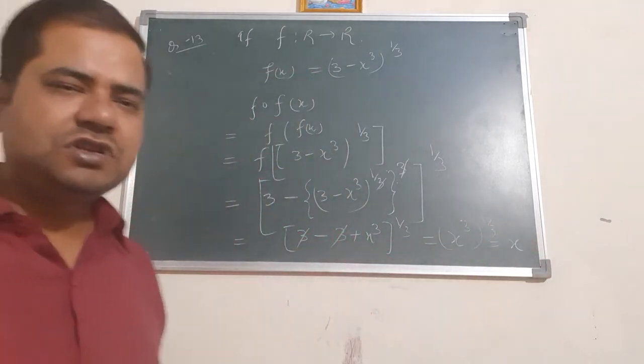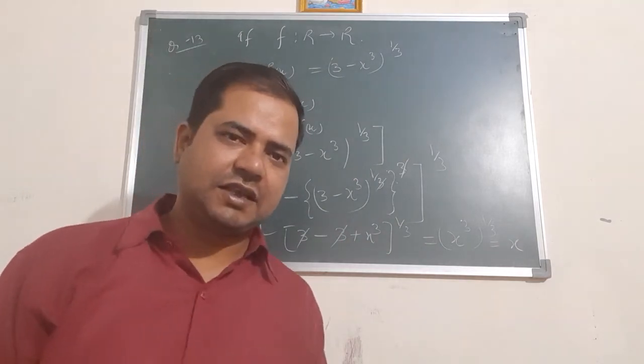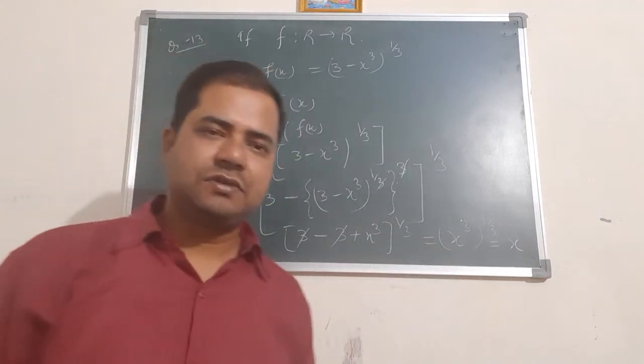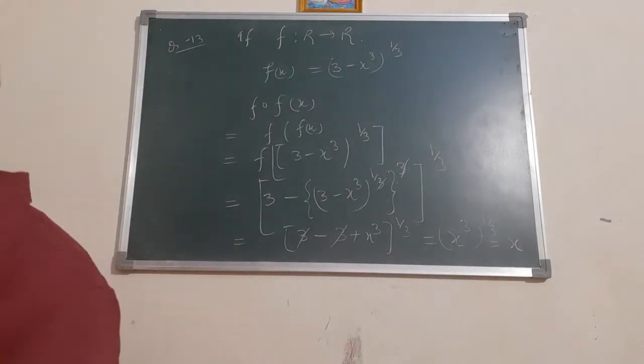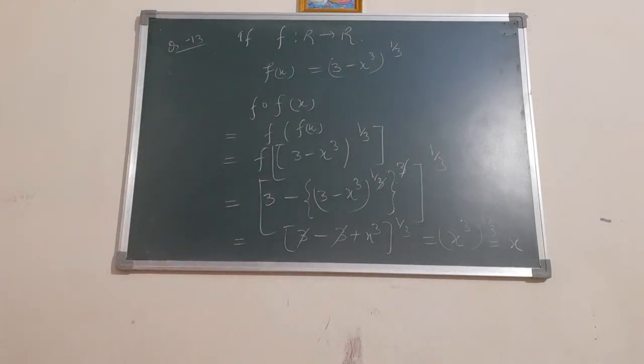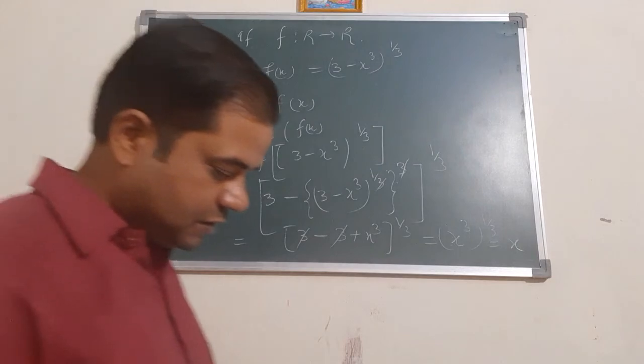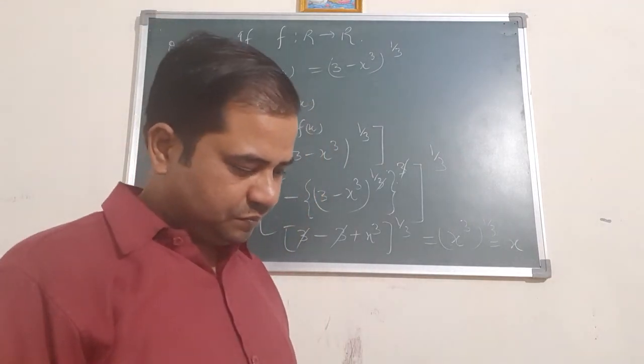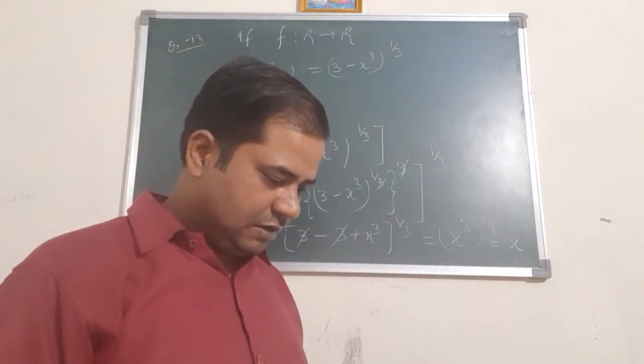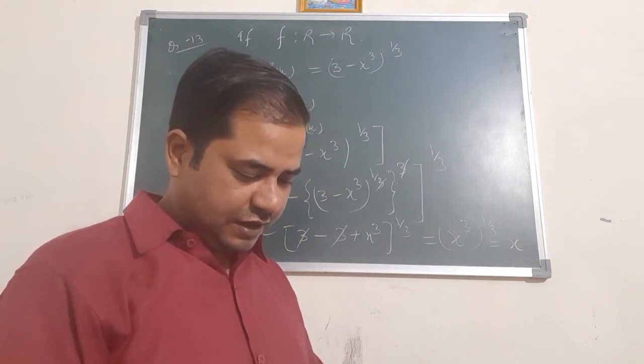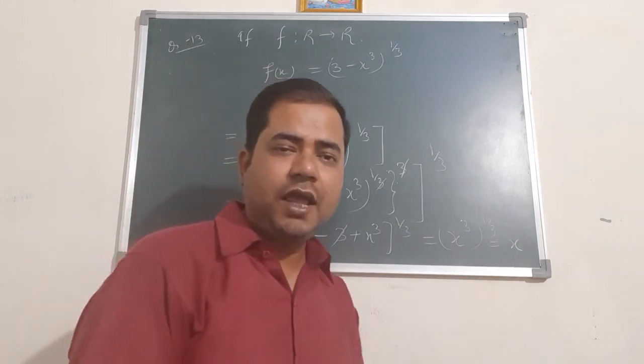So f composition f of x is nothing but x. Okay, so match the answer. See 1.3, question number 13. You see, the answer is C. Answer C is x.